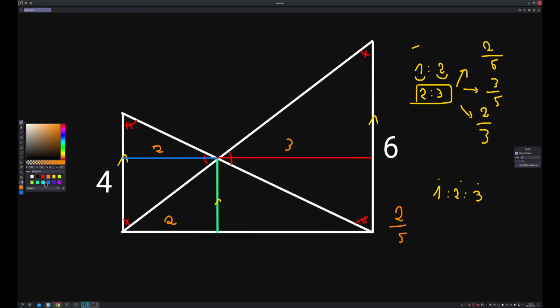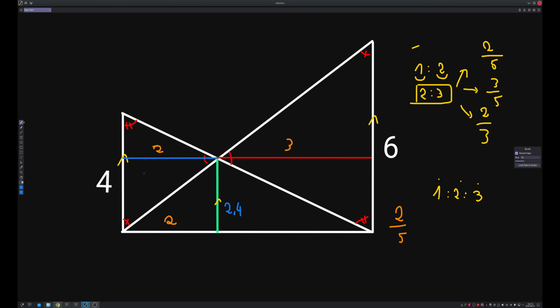And there I will write it as a length. So 6 divided by 5 is 1.2, times 2 is 2.4.